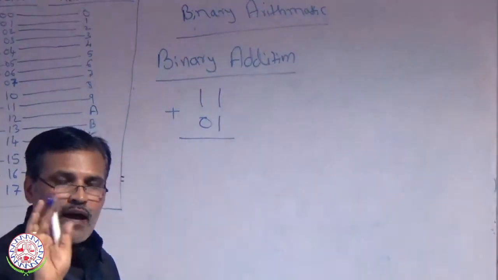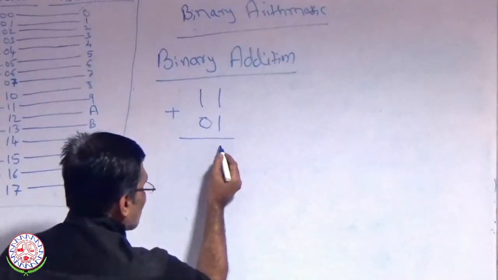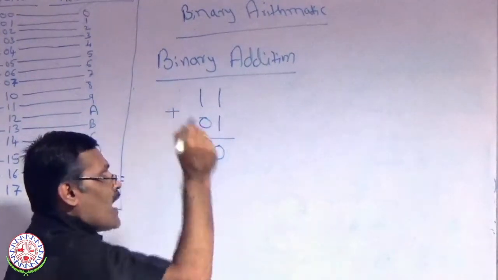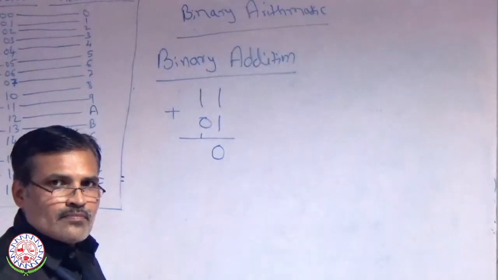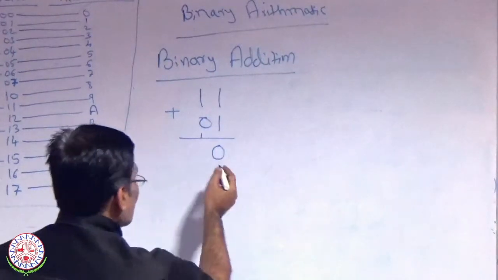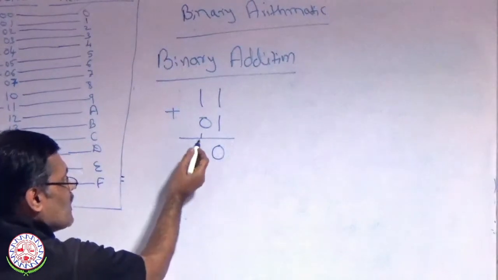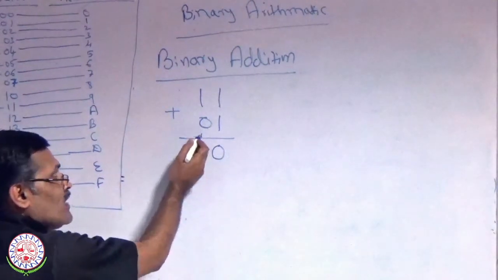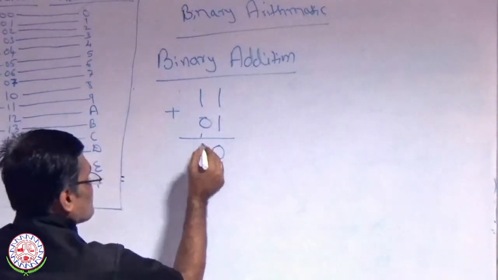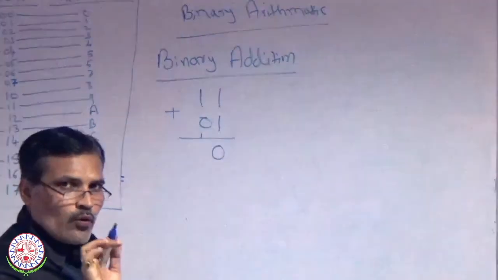But we don't have the symbol 2 in our binary number system. So we make the sum 0 and take 1 as a carry to the next digit. So 1 plus 1 is 0, with the sum 0 and the remaining 1 on the left side being the carry that is generated. Now the next digit, 1 plus 0 is 1 only.